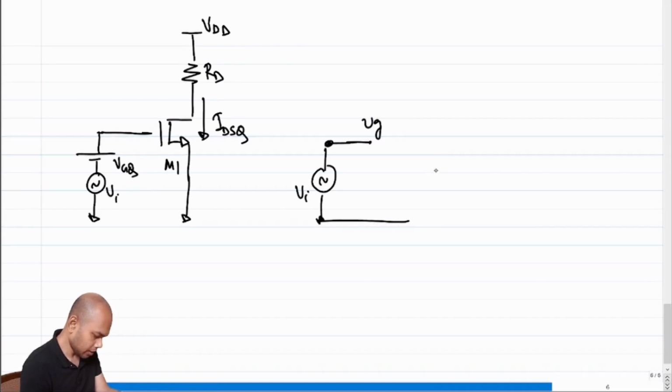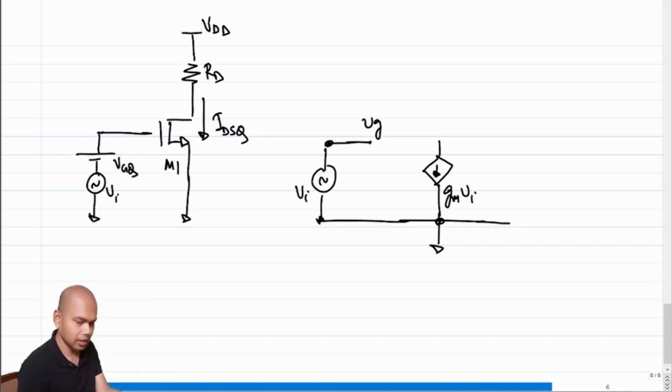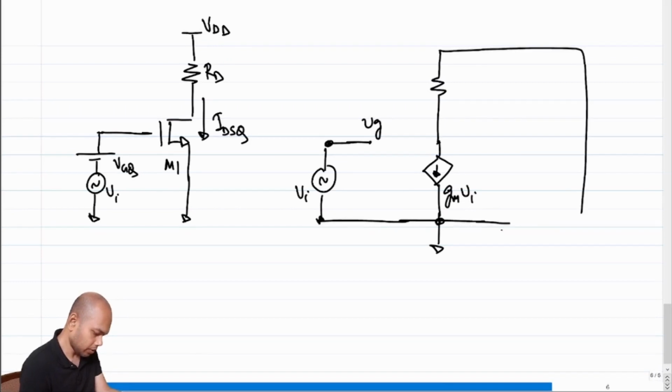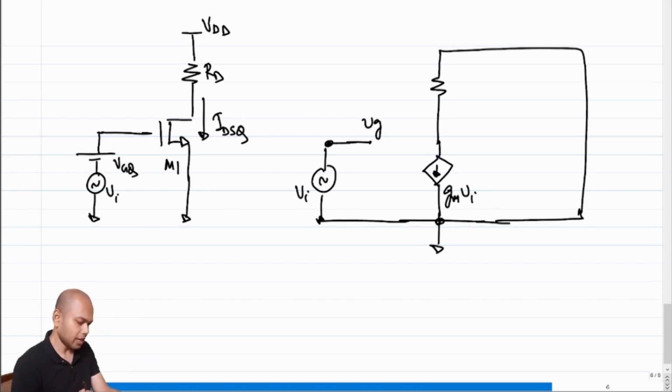The transistor is replaced with the current source of value Gm times Vgs, but in this case the source is grounded, so Gm times Vi. On top you have RD. RD is grounded, but is that it?